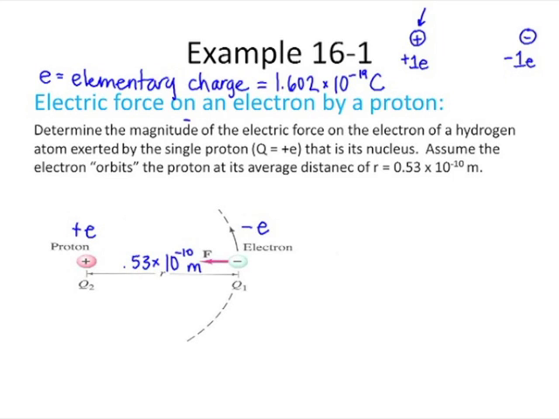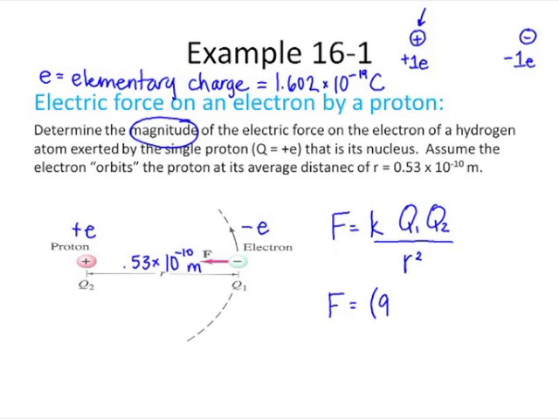So the magnitude, we're not worried about direction here. We're just worried about how much. So the force is equal to k q1 q2 divided by r squared. We can write this answer in terms of e. So the force is equal to the k constant, which was 9 times 10 to the 9. Our charges are +1 and -1.